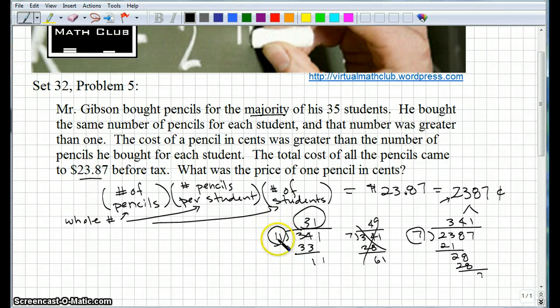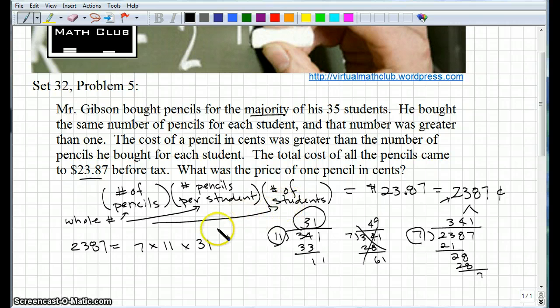So 2387 is equal to 7 times 11 times 31, and 31 is prime, I know that. Hey, look at that. We have a number that's the product of 3 prime factors, and we're looking for 3 numbers. That's a good deal.